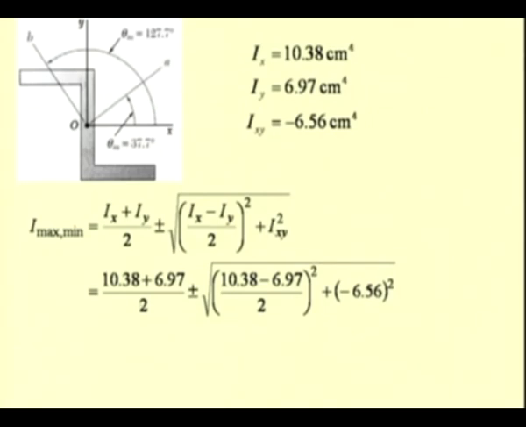Knowing these values, we find that I max and I min are 15.45 centimeter to the power of 4 and 1.897 centimeter to the power of 4. So, this problem illustrated how we use the product of inertia and the second moment of inertia with respect to an axis to determine the second moments and product of inertia with respect to a rotated axis, and also the principal axis and the principal moments.